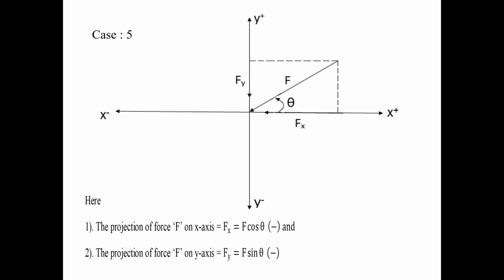In the second quadrant, Fx negative, Fy positive. In the third quadrant, Fx and Fy both are negative. In the fourth quadrant, Fx positive, Fy negative. Most of the students memorize it like this, but it is not the correct condition. You must understand the projections regarding the direction of the force F.